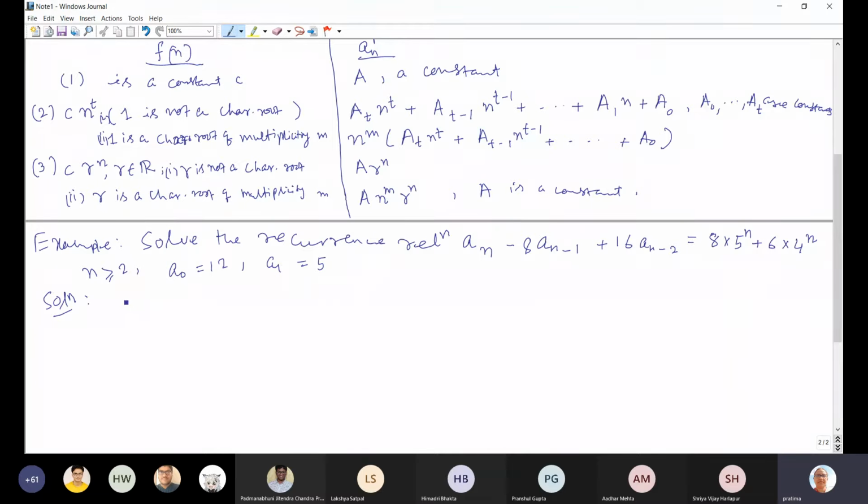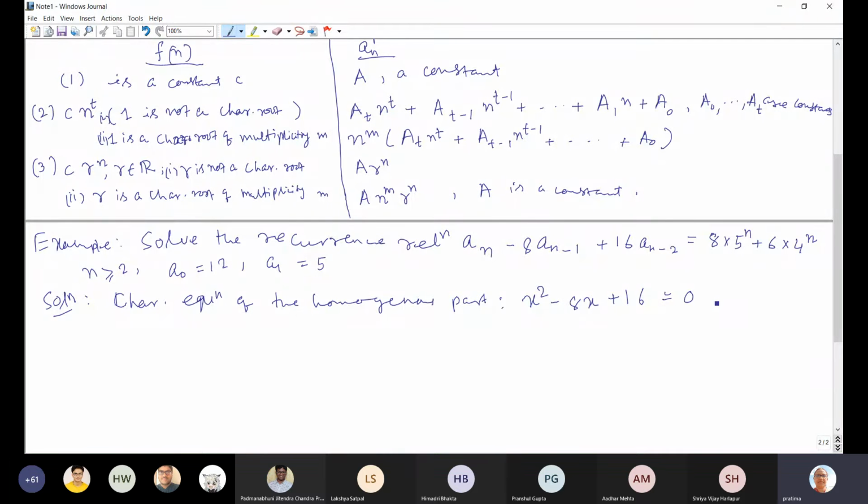To find this general solution, we have to write down the characteristic equation of the homogeneous part, that is x squared minus 8x plus 16 is equal to 0.